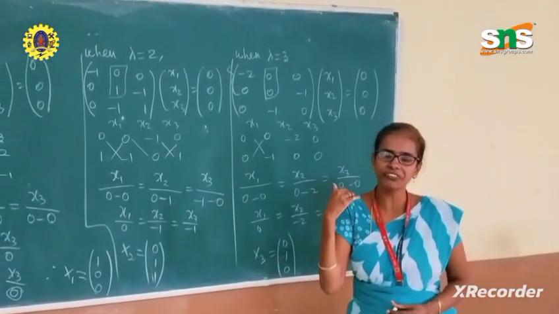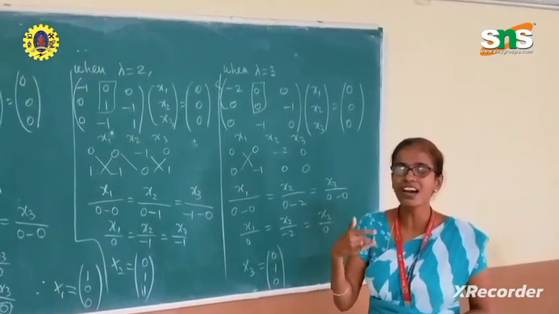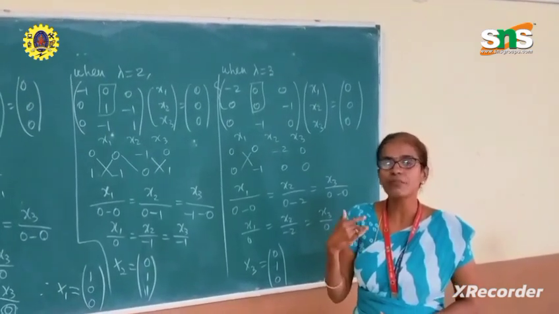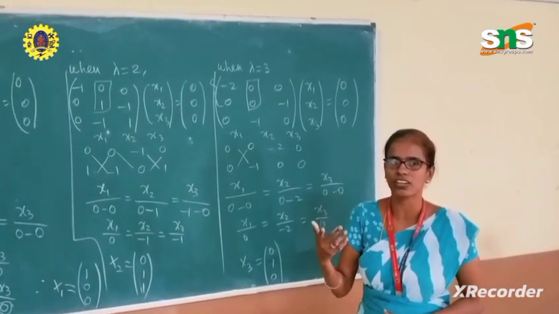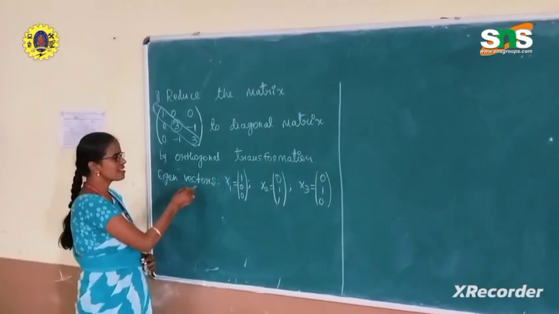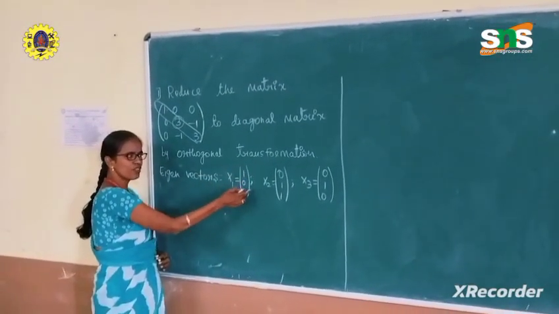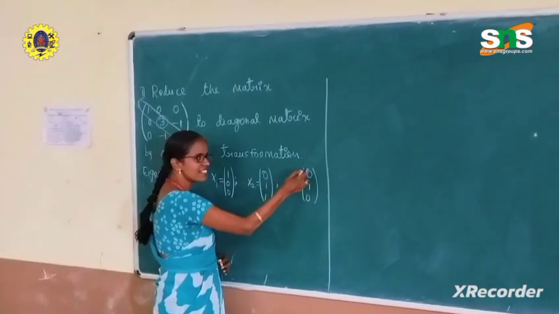Step 2 is to verify whether the eigenvectors are orthogonal or not. The eigenvectors are x1 as 1 0 0, x2 as 0 1 1, and x3 as 0 1 0.